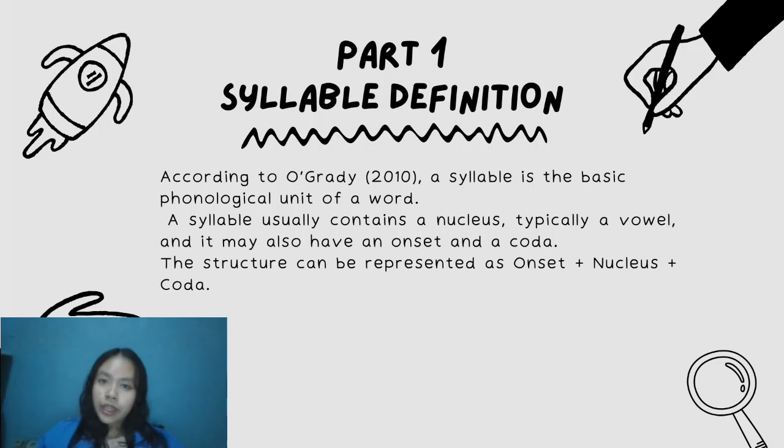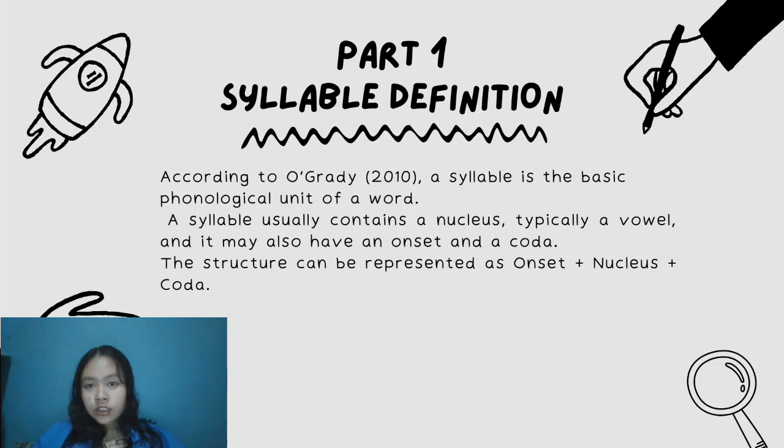First, I will explain the concept of syllable. According to O'Grady, 2010, a syllable is the basic phonological unit of a word. A syllable usually contains a nucleus, which is typically a vowel, and it may also include an onset and a coda.